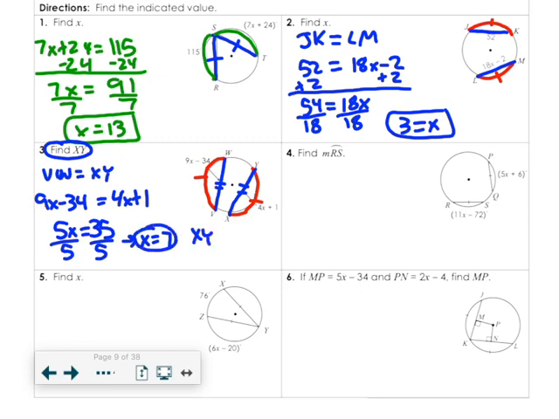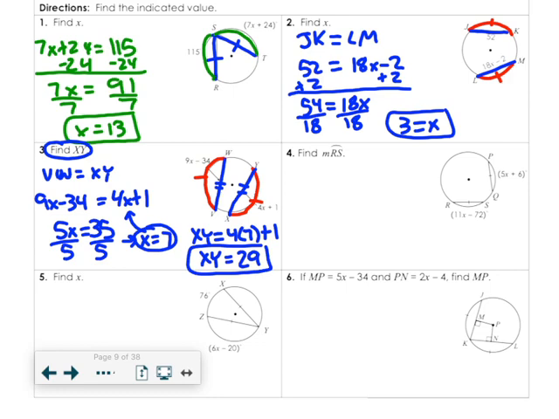So this is an important part of our answer, but not our answer. XY is 4 times 7 plus 1, because XY was the one that was 4x plus 1. We're taking the 7 and plugging it back in, which is 28 plus 1, which is 29. So XY is 29.